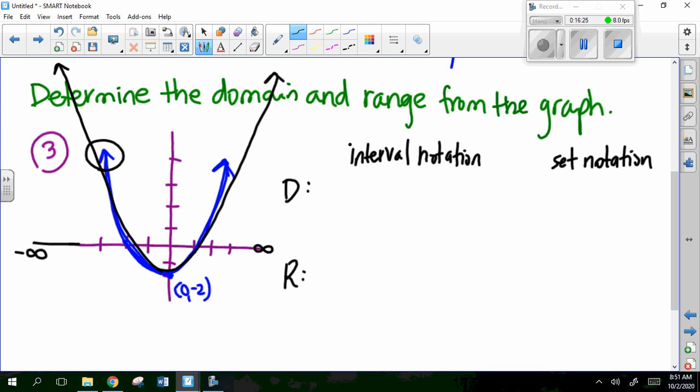What's the biggest number in the negative direction? Negative infinity. So that's where it starts. And then where does it stop? Where does it end? What's the biggest number in the positive direction? Positive infinity.